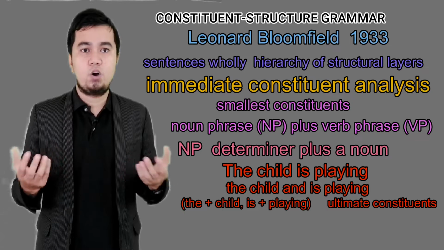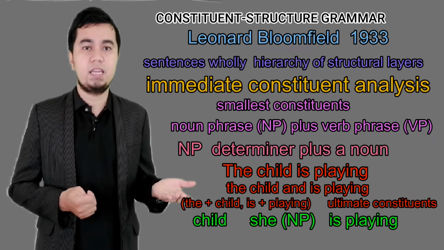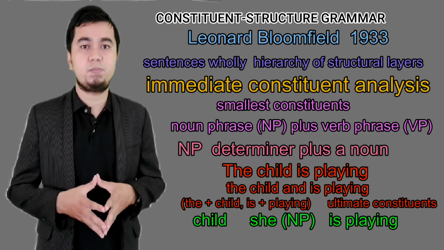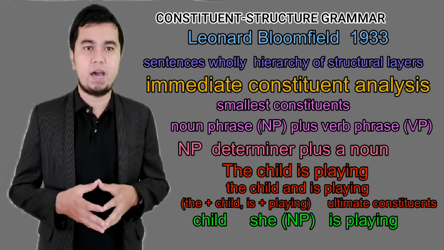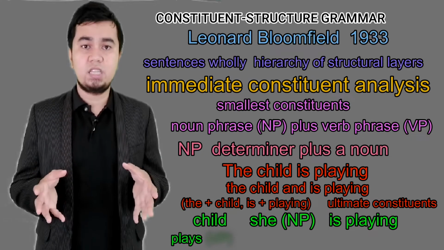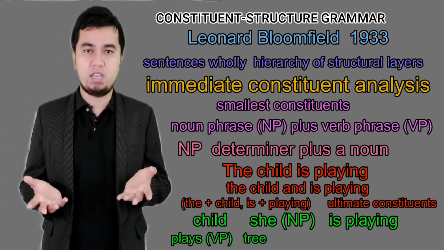The constituent "the child" can be replaced by the noun phrase "she," and "is playing" can be replaced by "plays," the VP. So the result can be analyzed in various ways.